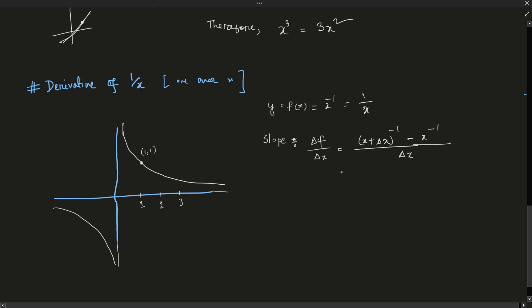Here del f is the change in the vertical direction.